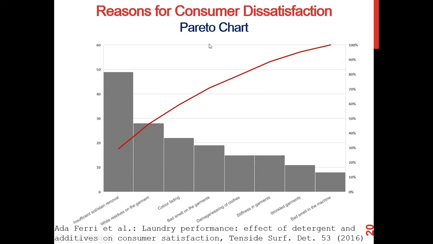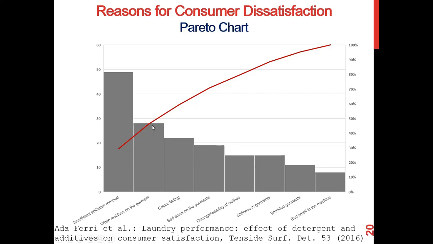Why do people draw this Pareto chart? See, there are 1, 2, 3, 4, 5, 6, 7, 8 different reasons which are making people unhappy. But not all these reasons are equally important. And the Pareto chart tells us the importance of each reason.